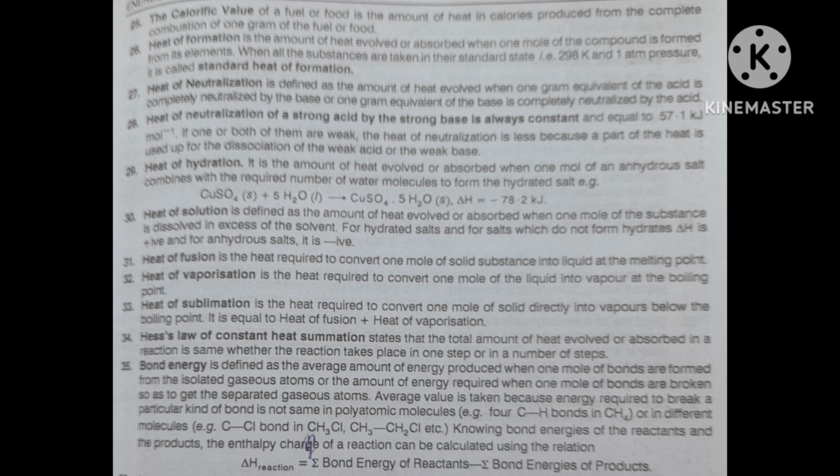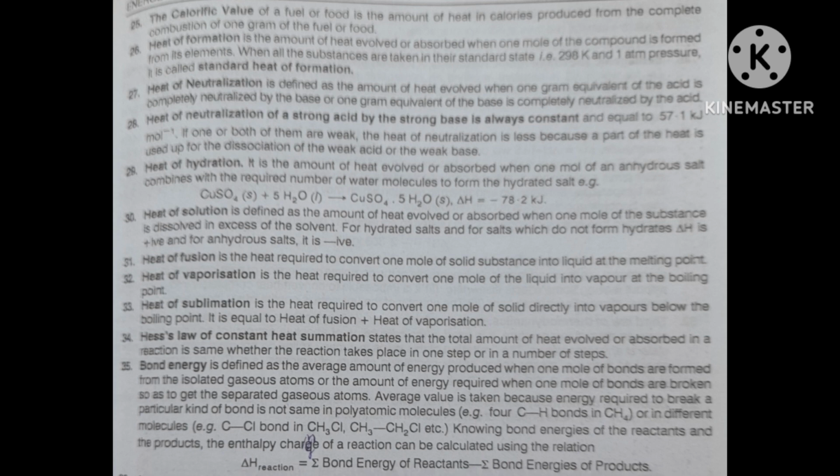You add both, heat of fusion plus heat of vaporization, then you will get the value of heat of sublimation. Here you should know, in heat of sublimation, why it is not converting to liquid, that is the main question. Then I am telling you the explanation.